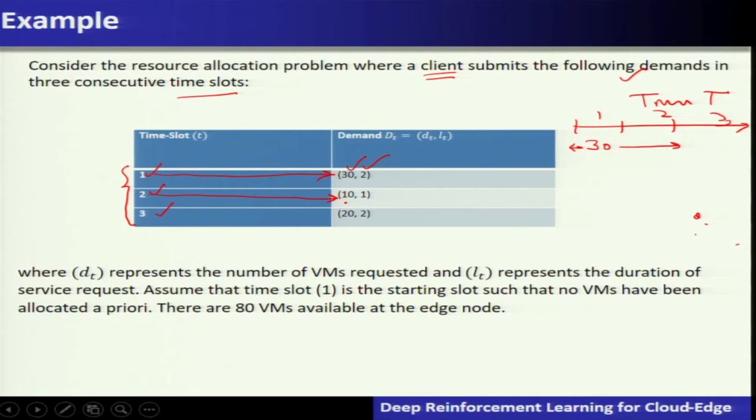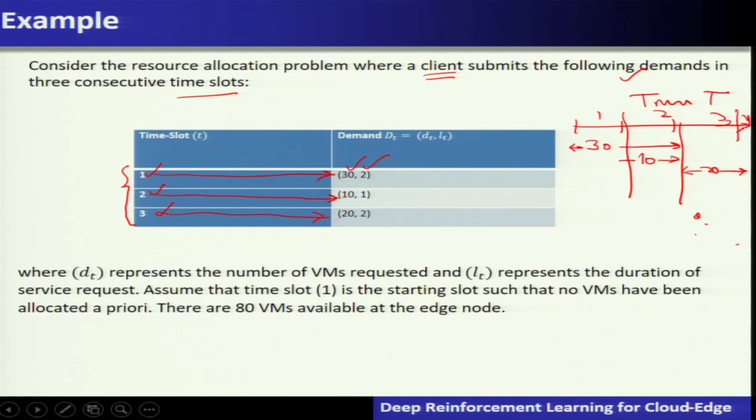Similarly, for time slot 2, it requires 10 units and this is for 1 time slot. For time slot 3, it requires 20 units and for 2 time slots.